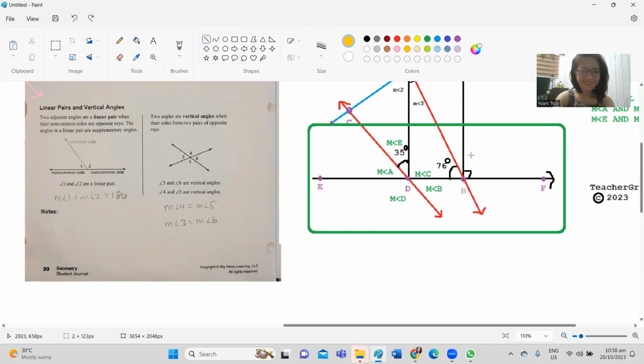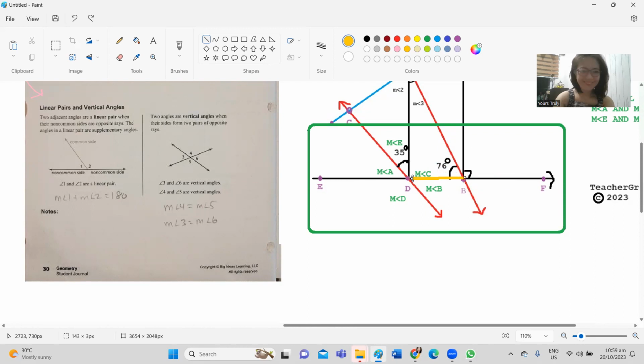Okay. Looking at this on the far right here, there are also vertical angles, right? I'm not going to write the angle names, but I'm going to show it here. These two rays are opposite. So we could find vertical angles because there are two rays that are opposite, and this ray and this one are also opposite.